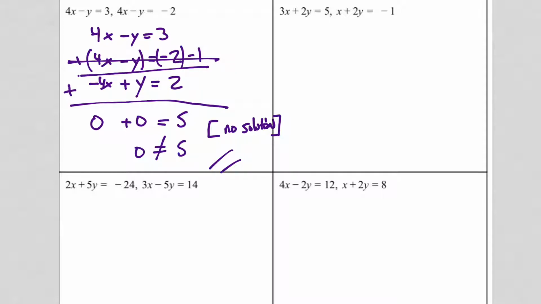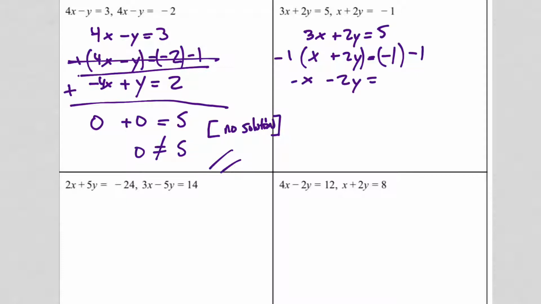So let's solve this other example. We have 3x plus 2y is equal to 5. And then x plus 2y is equal to negative 1. So I would need this y to be negative. So I can do that pretty simply by just multiplying everything in this equation by negative 1. All the signs will flip.